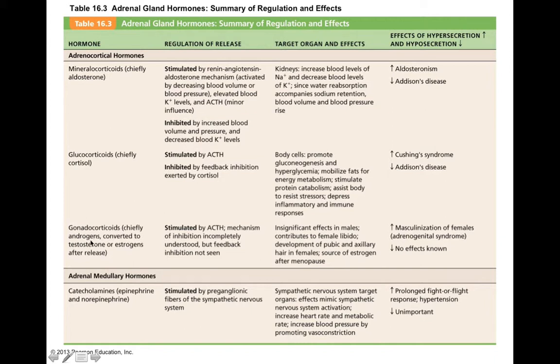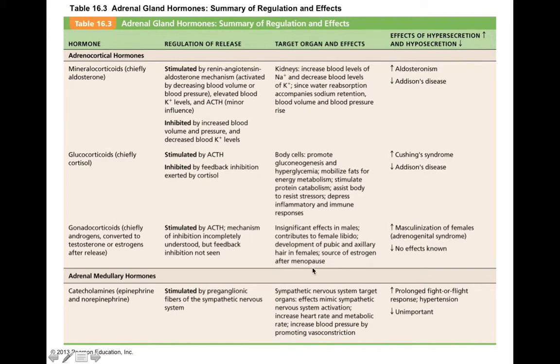Some of the effects of the gonadocorticoids include contributing to the female libido or sex drive, development of pubic and axillary hair in females, and also serves as a source of estrogen following menopause in females.